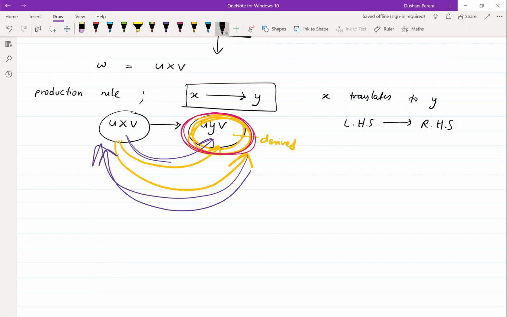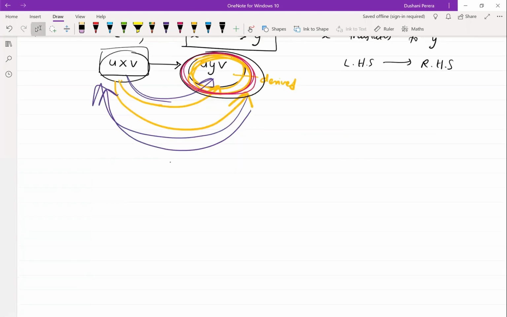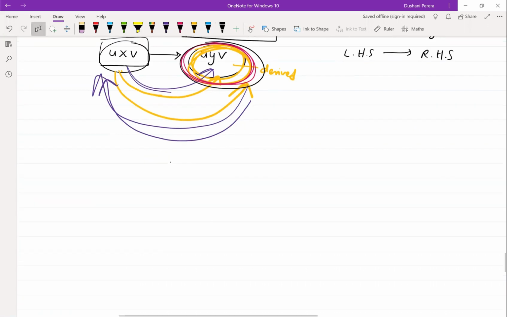Using these production rules, we can derive a new string from a given string. When we are given a particular string, we can derive a new string using the production rule. That is what the production rules in a grammar basically do. Now when we keep on applying productions in order, say the string that we had is w1, then we apply a production rule and get w2.